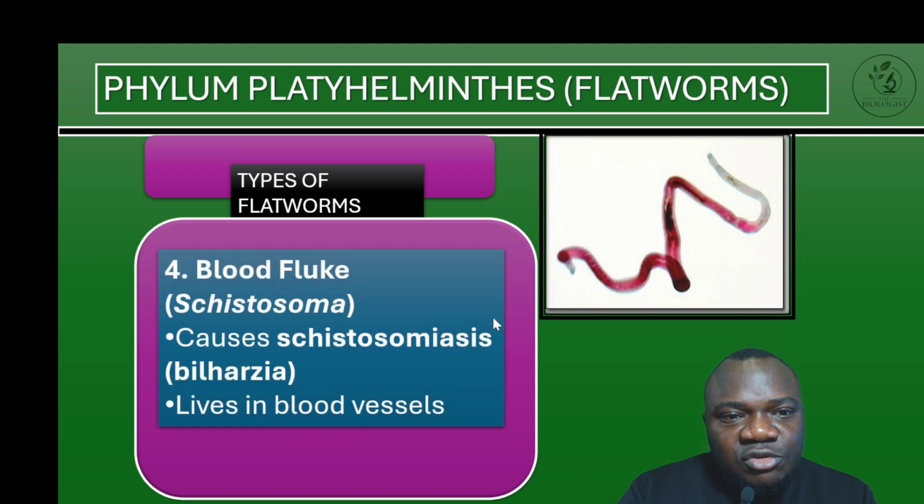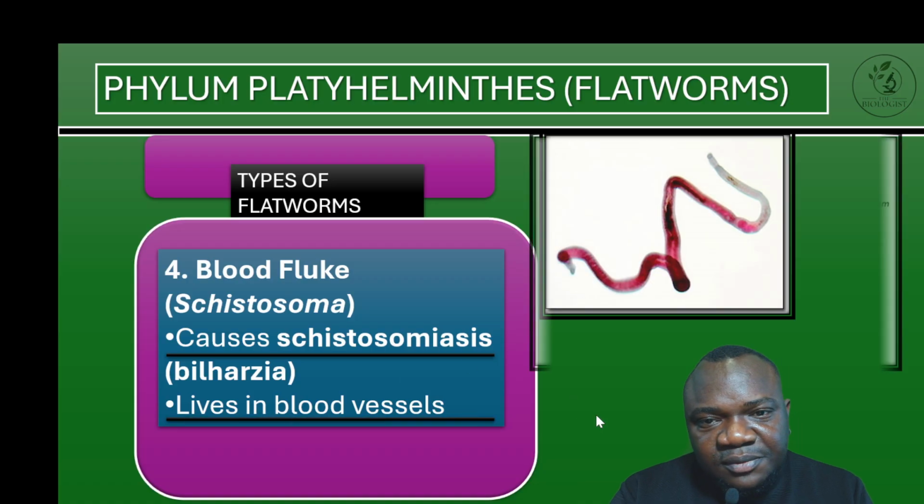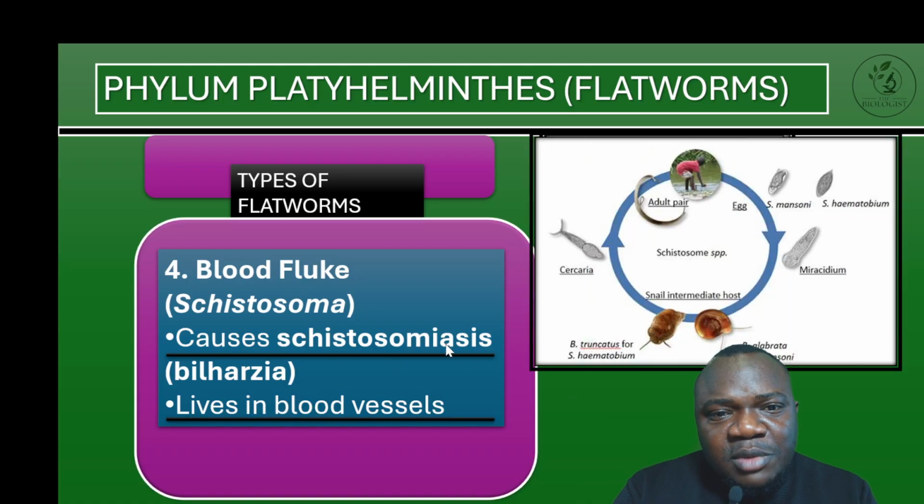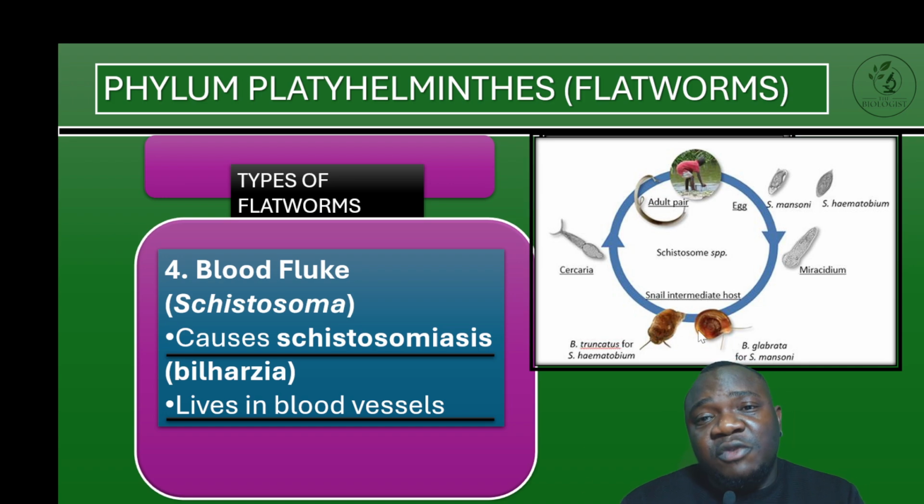Then the next one you have is a blood fluke. Look at how it looks, red. And this causes what we call schistosomiasis, also known as bilharzia, and it lives in the blood vessels. So this schistosomiasis is a disease that affects people who are contaminated by the larvae of these parasites. For example, snails serve as a host. These snails are found in fresh water, for example in rivers and stuff like that.